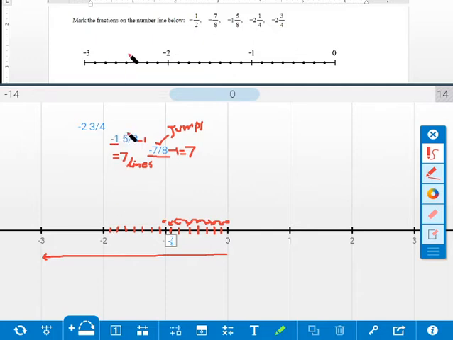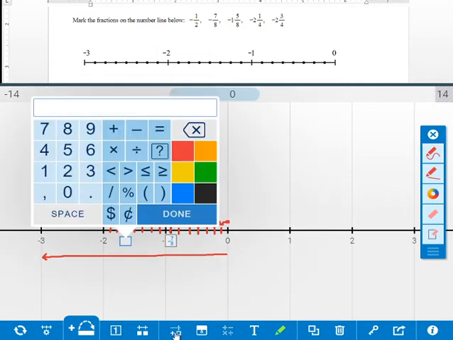The numerator shows the number of jumps, so we will make 1 jump, second jump, third jump, fourth jump and fifth jump. So there are 5 jumps, and this number is actually minus 1 whole 5 by 8. This is the location.